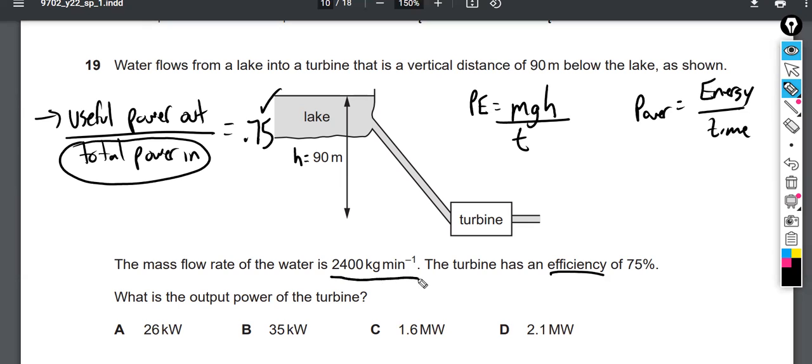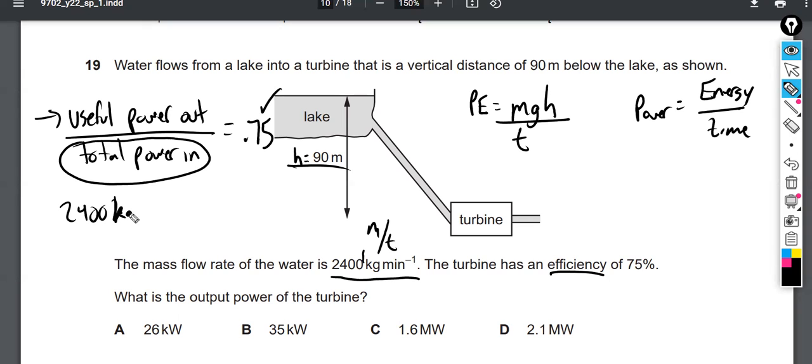But the unit of time they give us isn't the SI unit, so there's no way we're going to get watts or kilowatts out if we leave our time in minutes. A good first step is to substitute this value in for m over t, the mass flow rate. We know g is 9.81 here on Earth, and we're given h equals 90. So we have everything we need; we just have to clean it up a bit.